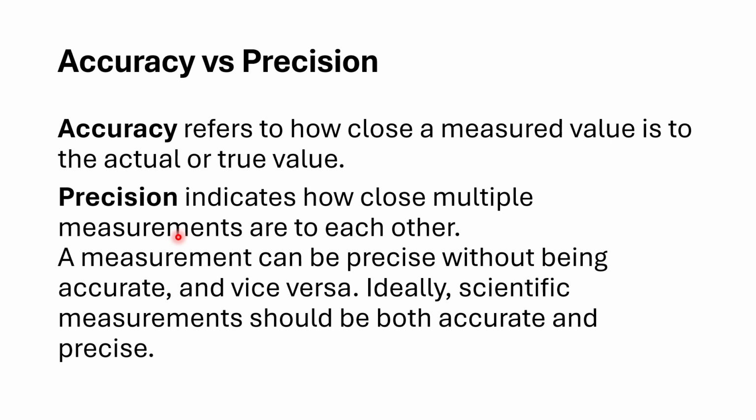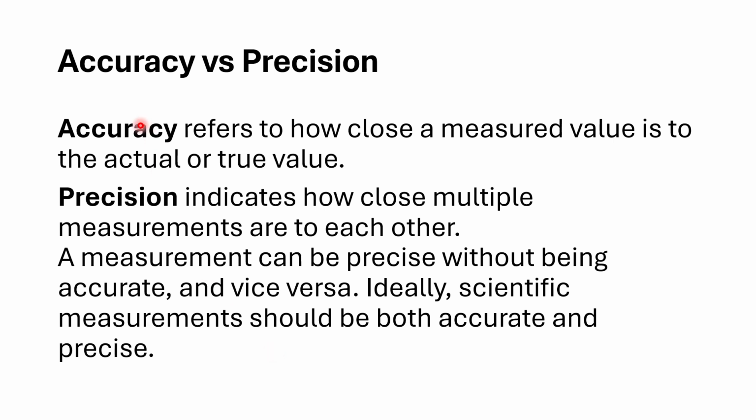And what is precision? Precision is different from this. First I will tell you in a very simple way: we have multiple measurements, and we check how close these measured values are to each other.